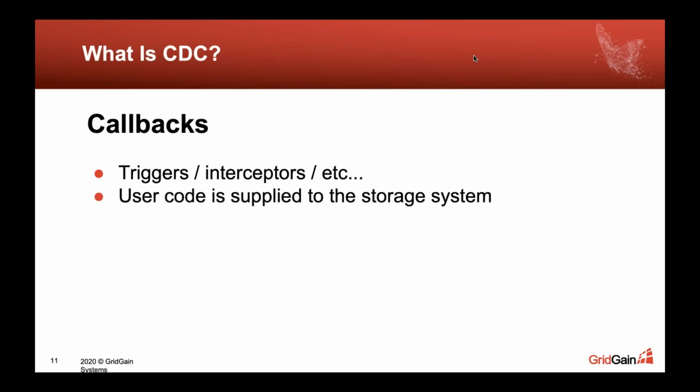Usually, when we work with callbacks, it means that we provide the storage system or the database some sort of user code that is supposed to be run. For example, in Apache Ignite, it may be Java code. When you run a traditional database, it may be a stored procedure or some piece of code that you write in T-SQL, for example.